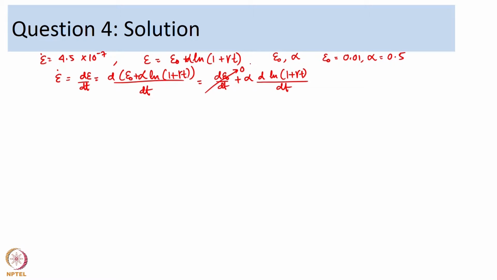This is a constant, equal to 0. So, it basically comes out as alpha into gamma times 1 over 1 plus gamma t. So, the strain rate of deformation is given by that equation.